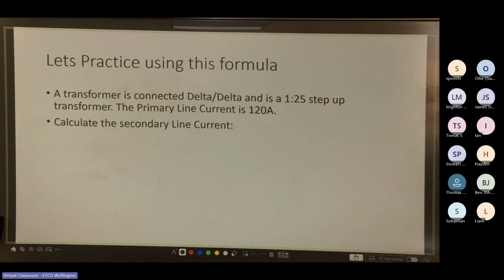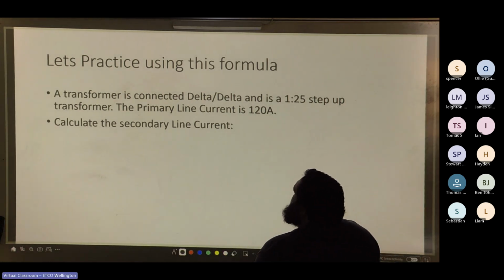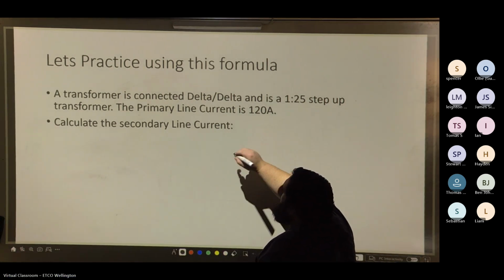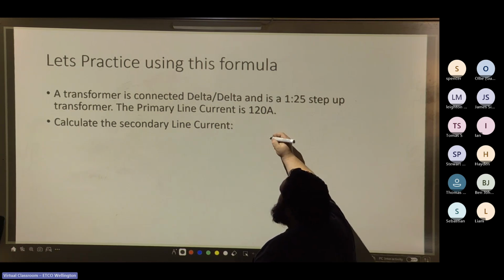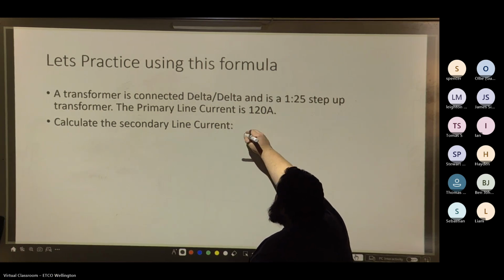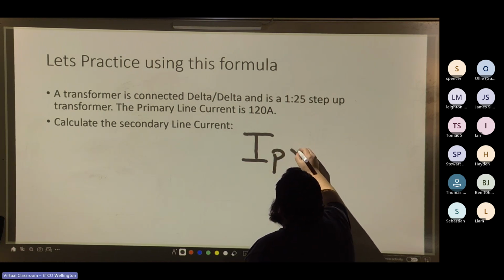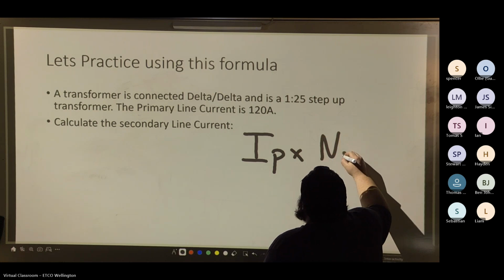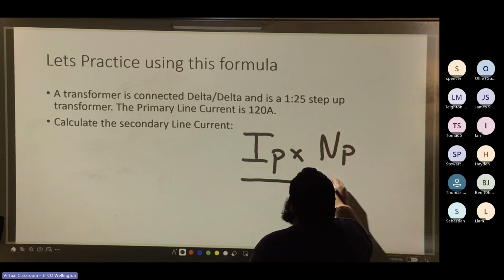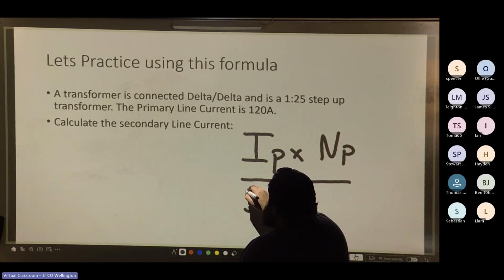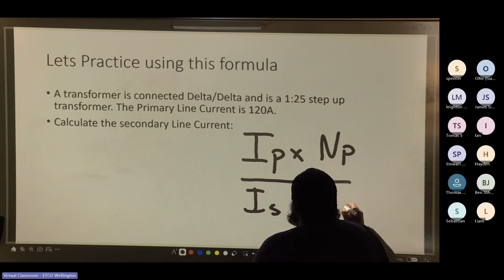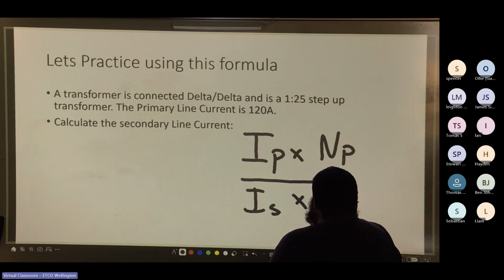Again, we write out our formula, because we're looking at the primary line current: IP times NP equals IS times NS.